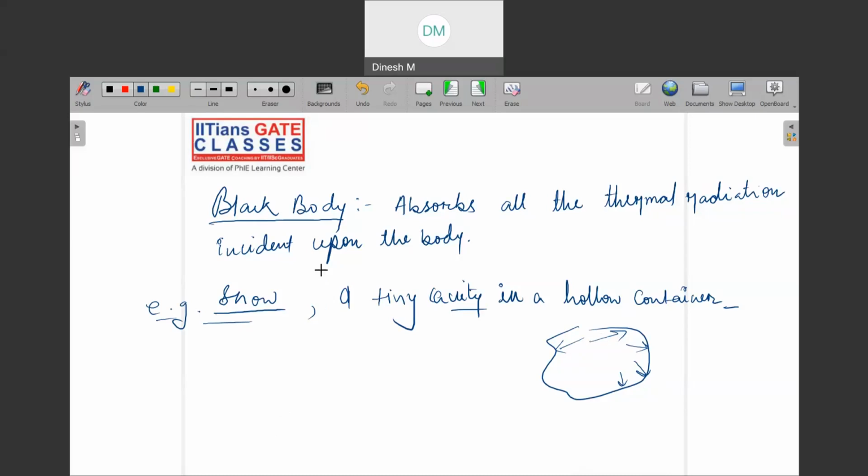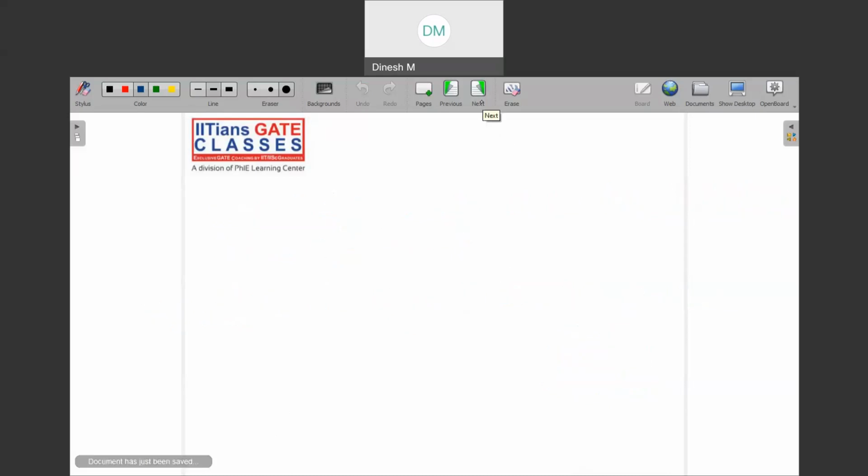Now let us go to monochromatic, or spectral, emissive power. What is this?